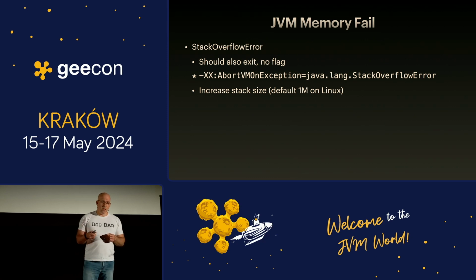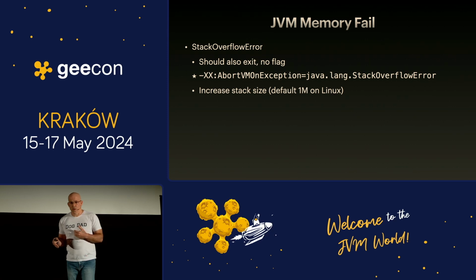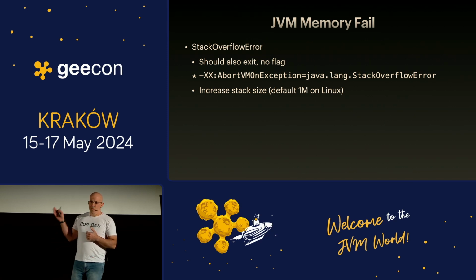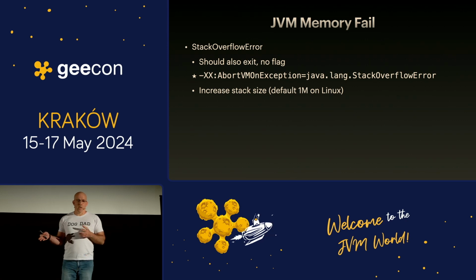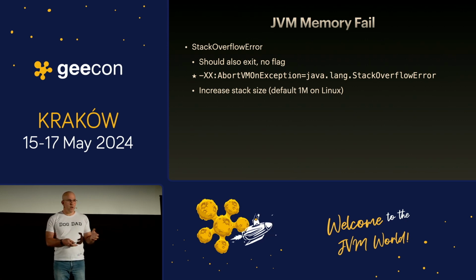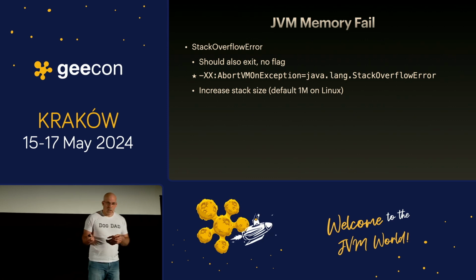If it happens, you can increase the stack size, or you can stop recursing so much, which is also good. This can be a little confusing because the default is 1 megabyte on Linux and 2 megabytes on Mac OS. So you can have something that works on your Mac OS laptop, and then you put it on Linux and it falls apart. That's why you see different behaviors, and you might have to set that flag. Sorry, it's not on the slide, that's -Xss.